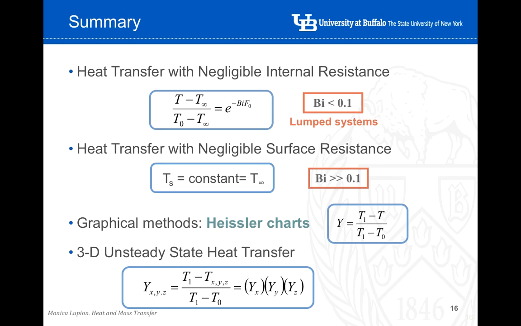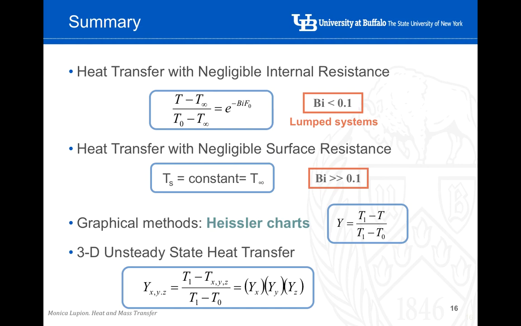So, in summary, about unsteady state conduction, we know that unsteady state conduction means that there is a dependence on time. We went through the three different methodologies to solve the general equation for unsteady state conduction, focusing on the analytical method and the graphical method.